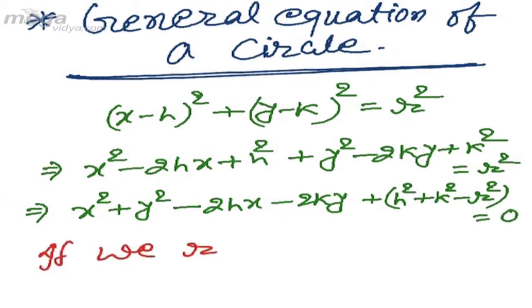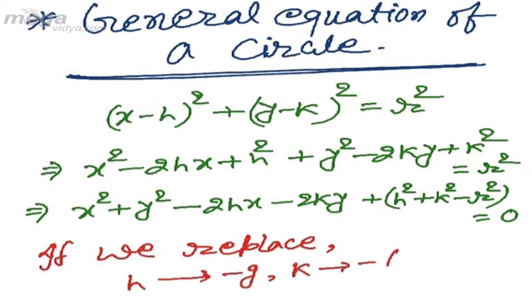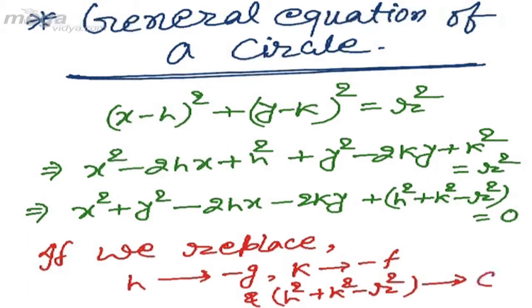If we replace h by minus g, k by minus f, and h square plus k square minus r square, because all of these three are constants, we can write it as a single constant c. Then what does it become? It becomes x square plus y square.